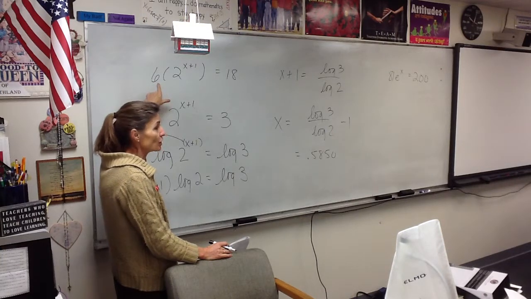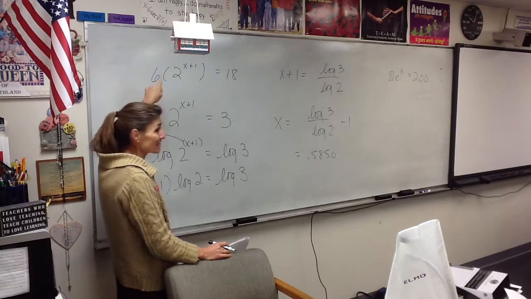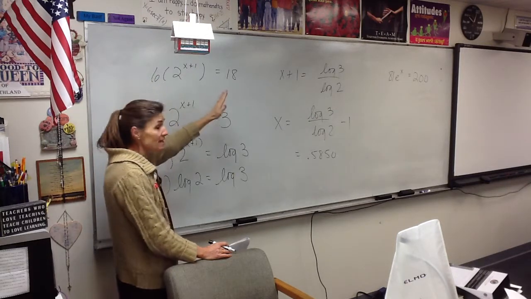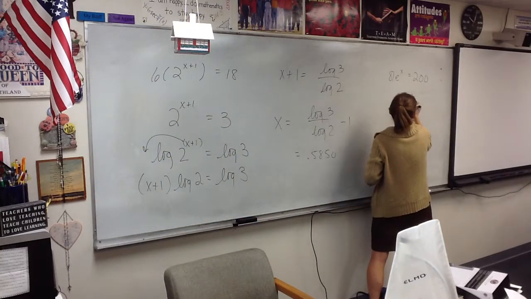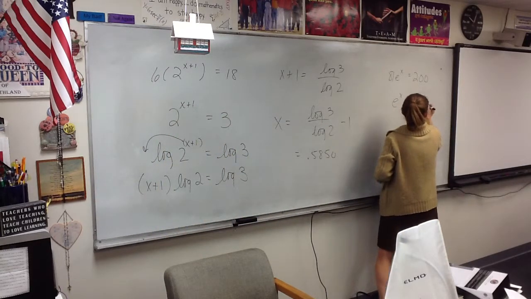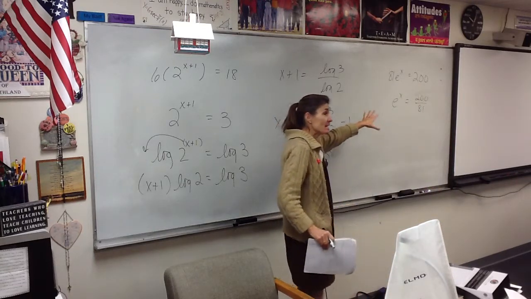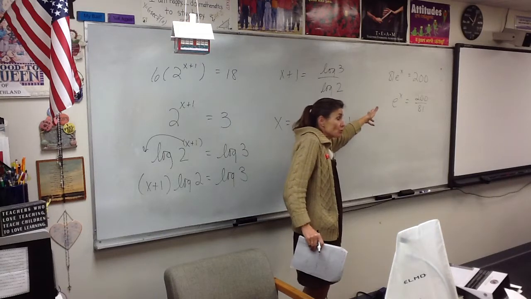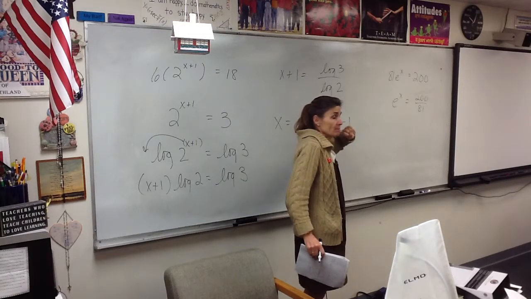He's got to go, whether we're doing it by hand or on our calculator. So I'm going to divide by 81. So e to the x equals 200 over 81. I'm not making that a decimal. It's a fraction, 200 over 81. That'll be fine. I can type that in on my calculator.